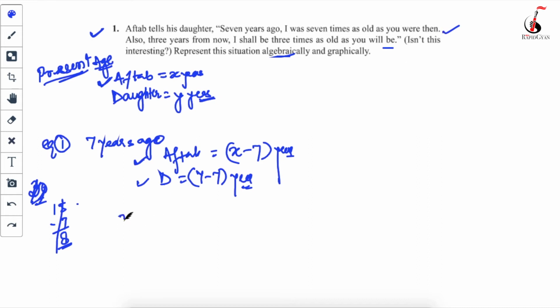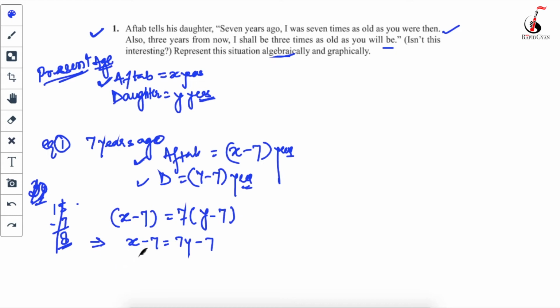Aftab's age x minus 7 is equal to 7 times his daughter's age, which is y minus 7. If you solve, you get x minus 7 is equal to 7y minus 49, since 7 sevens are 49.